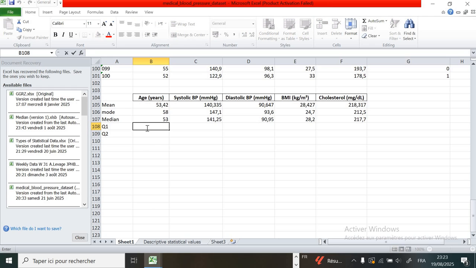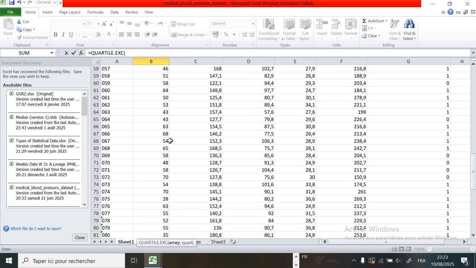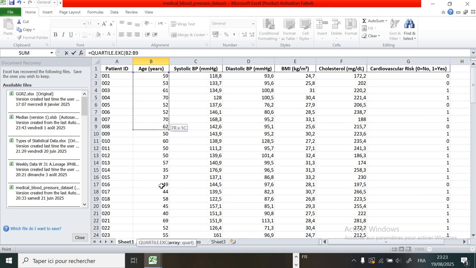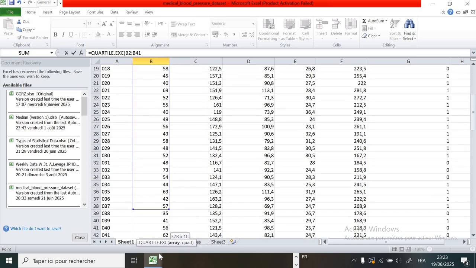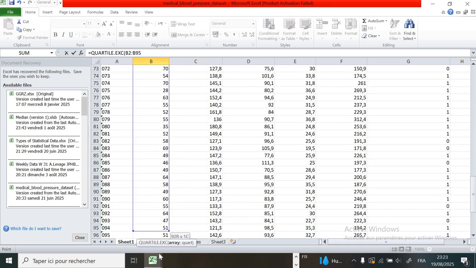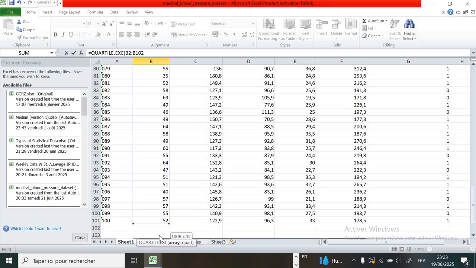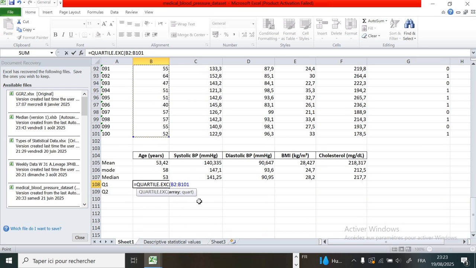In order for us to calculate Q1, we look for the quartile exclusive. We select the area, then we look for the first quartile.